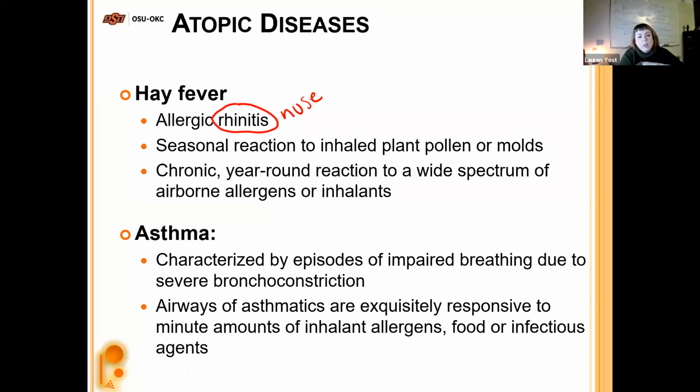Then we have asthma, which is characterized by periods of impaired breathing and bronchoconstriction. They can react very responsively and very severely to very small amounts of inhalant allergens, foods, and other infectious agents.